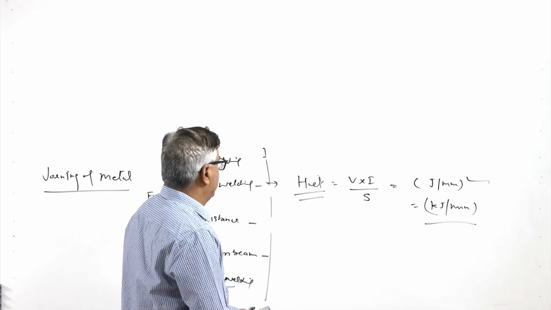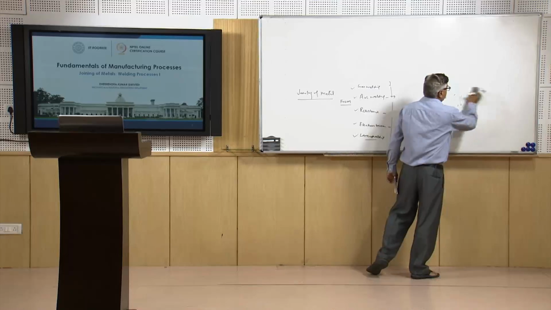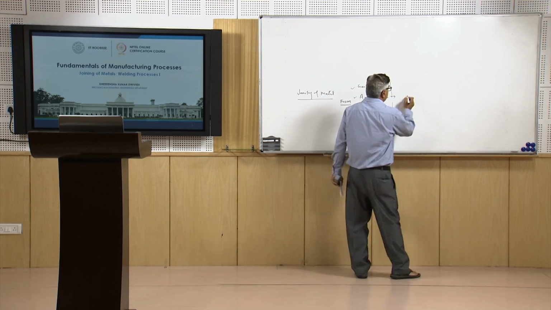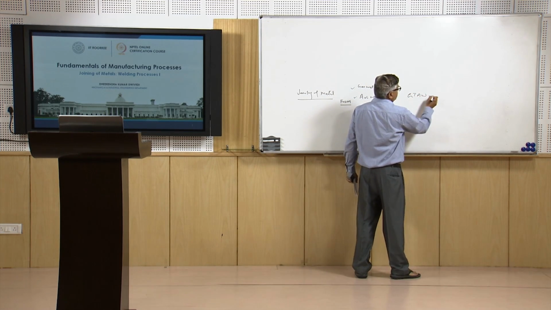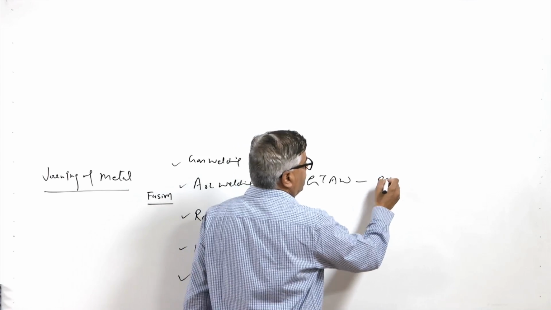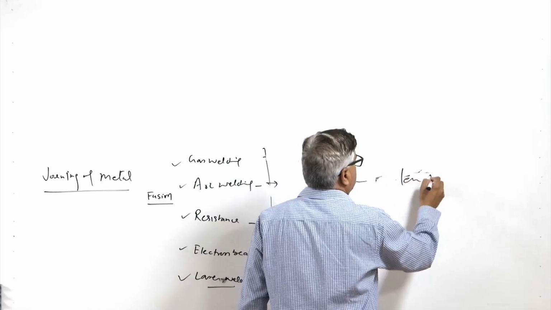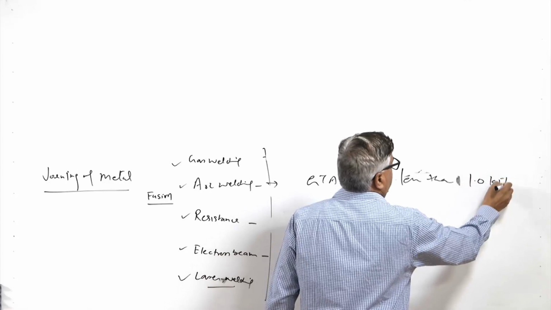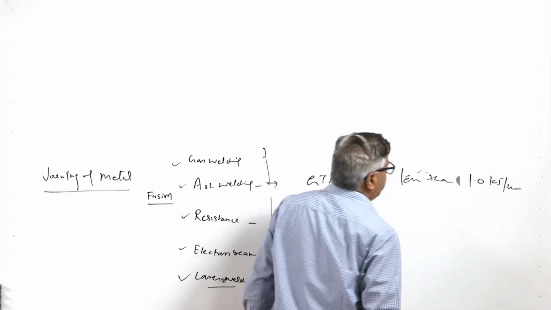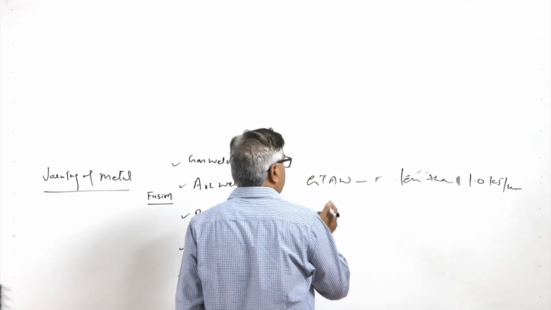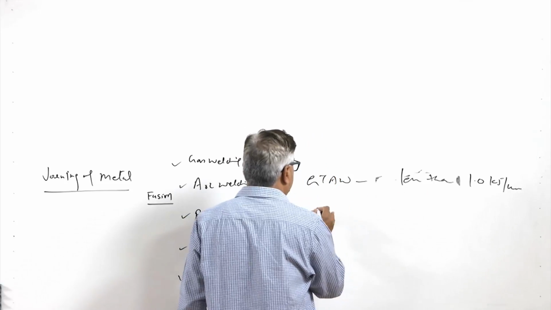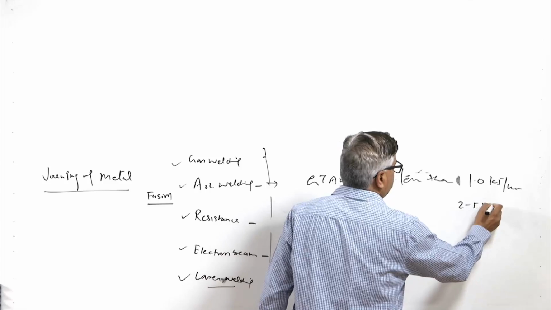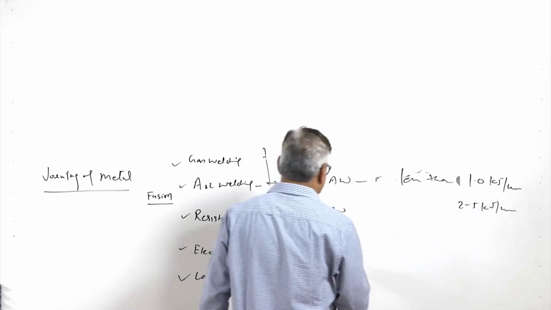Depending upon the kind of process, different heat inputs are used. Gas tungsten arc welding offers very low heat input, maybe less than 1 kilojoule per mm, while for SAW it may be 2 to 5 kilojoule per mm.